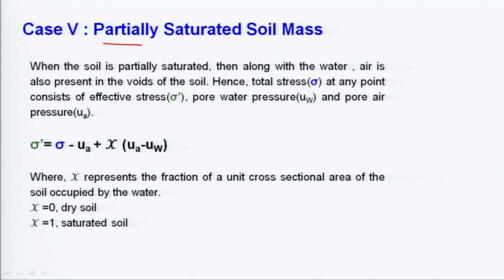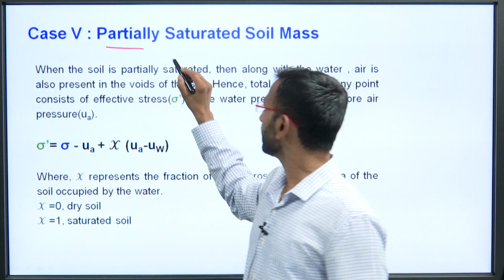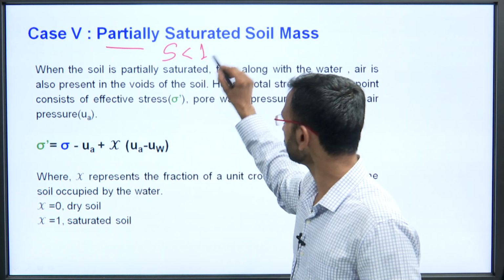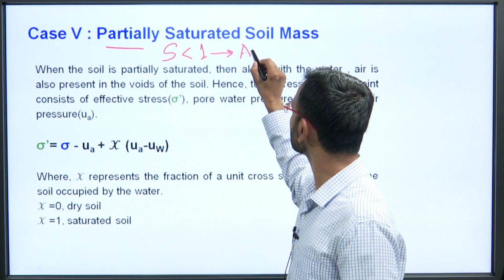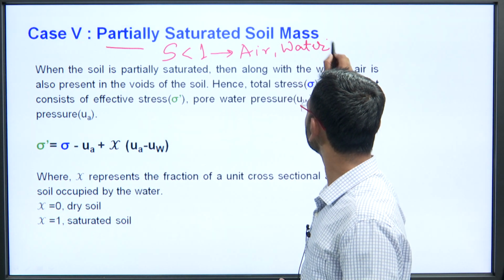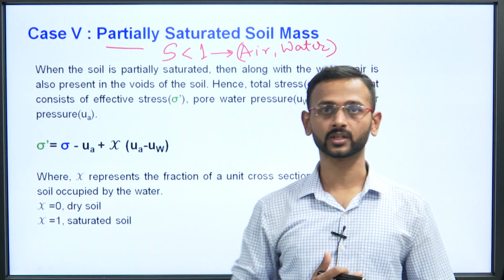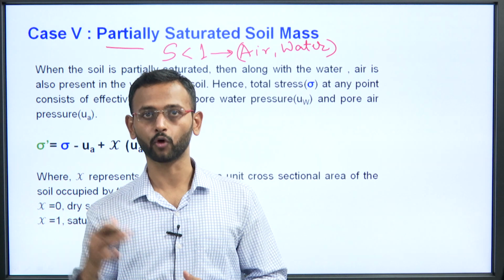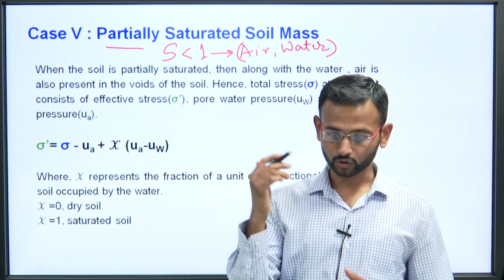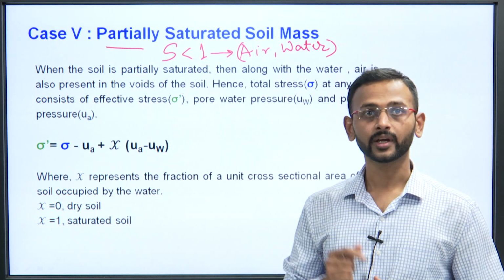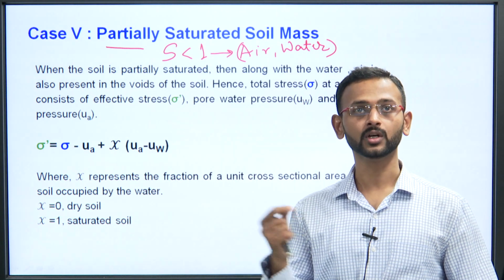When saturation is less than 1, this means that there is air also and there is water also in the voids. So there are two things in the voids, it is not entirely water. When the soil is partially saturated, along with the water, air is also present in the voids of the soil.